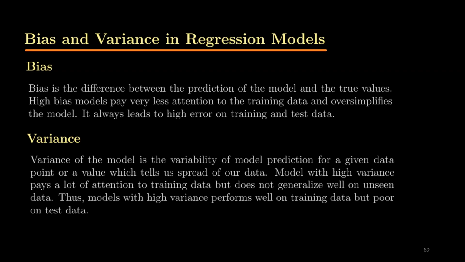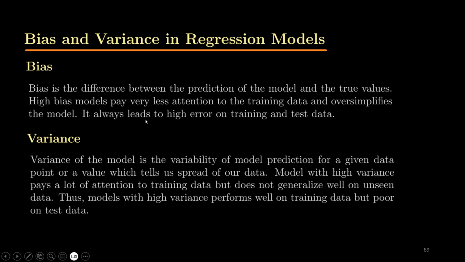If we need a polynomial of degree 4 in order to fit the training data, but the model has high bias, it will not pay attention to the data and it will try to fit a polynomial of degree 1 or 2. In that way, it will oversimplify the model by not paying attention to all the essential patterns present in the training data. So in this way, it will always lead to high error on training and test data.